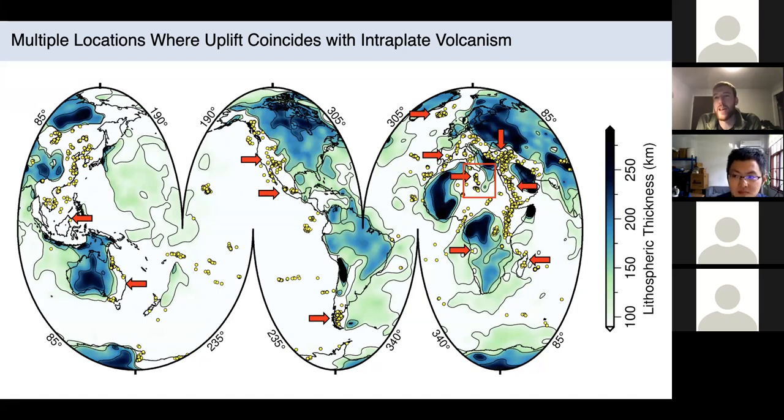So somewhere like Iceland is generated by hotspot volcanism, so it's different enough to classic mid-ocean ridge volcanism to be included within the database.